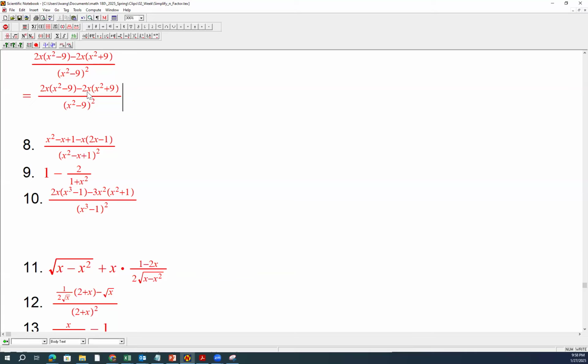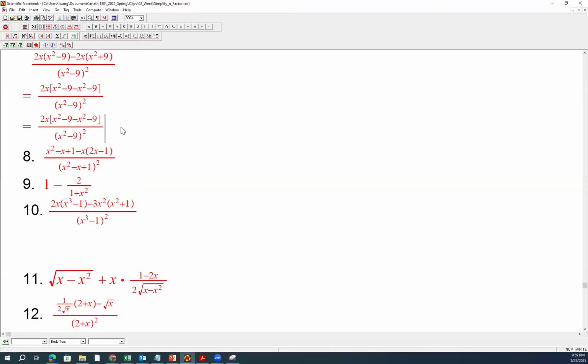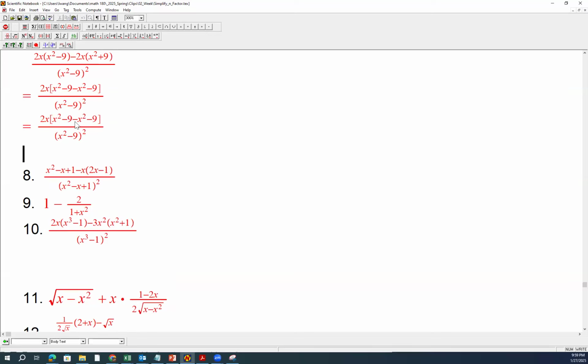We can do it once again, factor out the 2x, right? And remove the parentheses. So this is a minus. And x squared minus x squared, these are gone. So we're getting there.